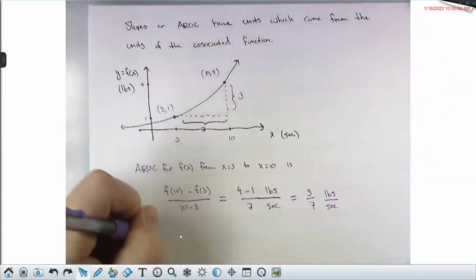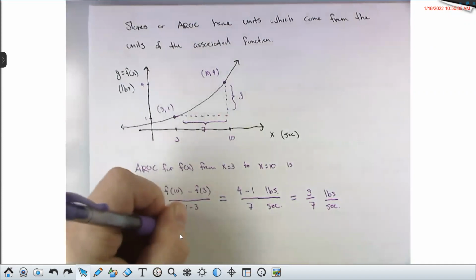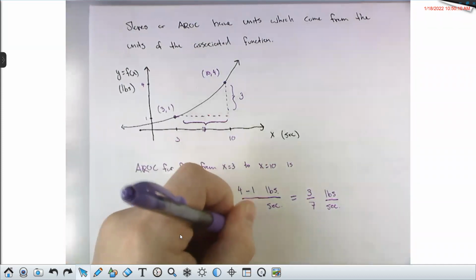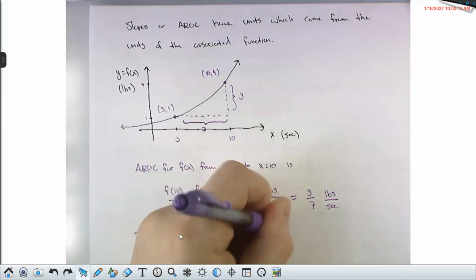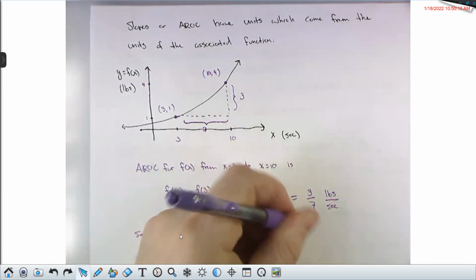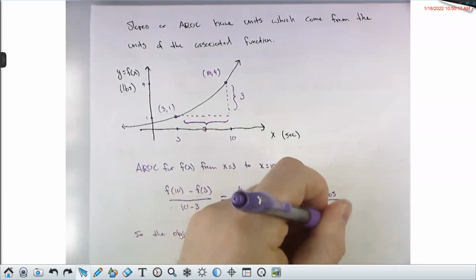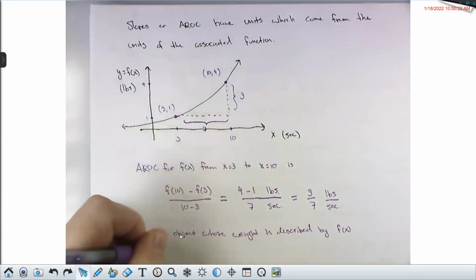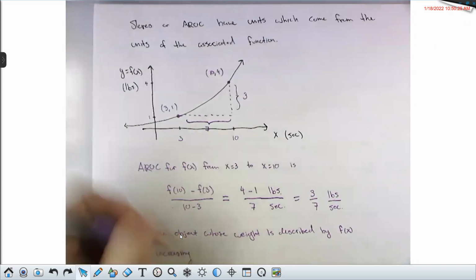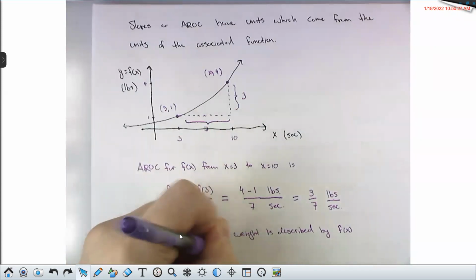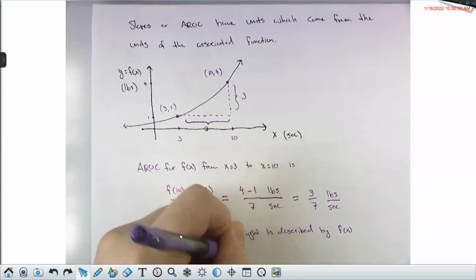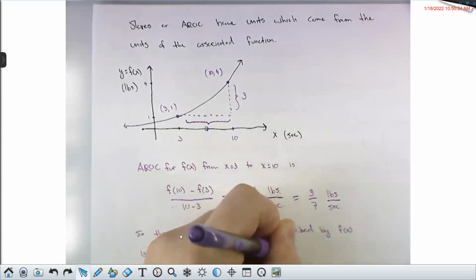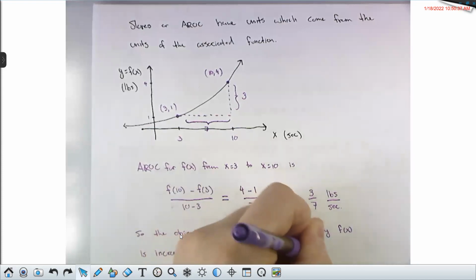So the object whose weight is described by the f of x is increasing at 3/7 of a pound every second.